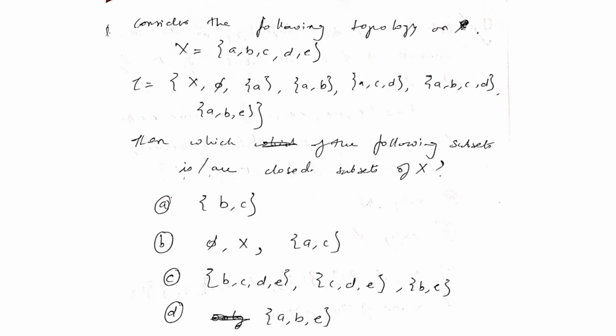So you have to find which of these options, and the sets in them, form the closed subsets of X. Is it option A, or B, that is empty set, X and AC, or option C comprising these sets, or option D comprising these sets? Okay, so solve it, find which are the closed subsets of X, and let me know your answers.